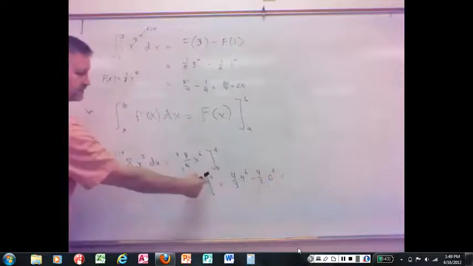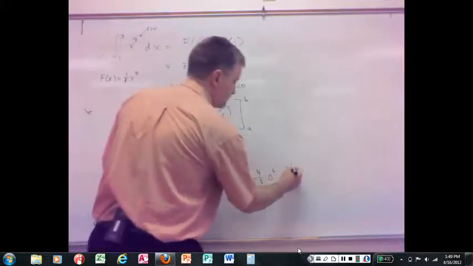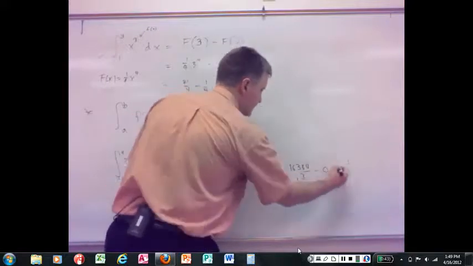Upper limit minus your lower limit. Just plug in x to be 4. And that winds up being 16,384 divided by 3 minus 0, of course, so 16,384 divided by 3.